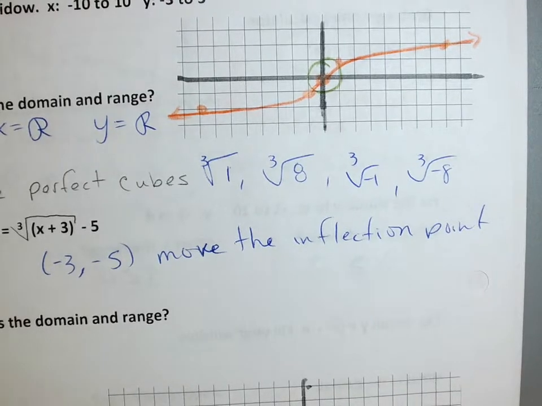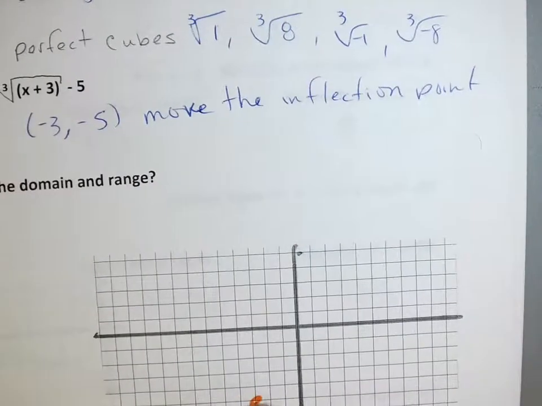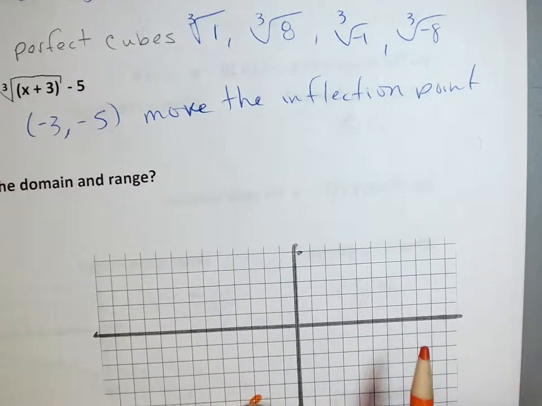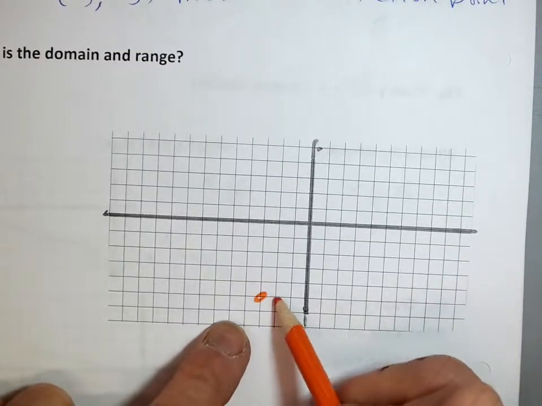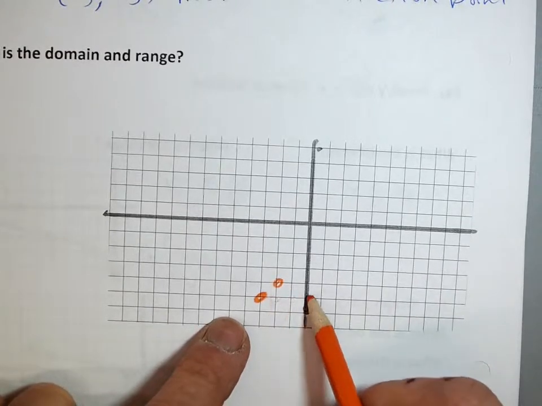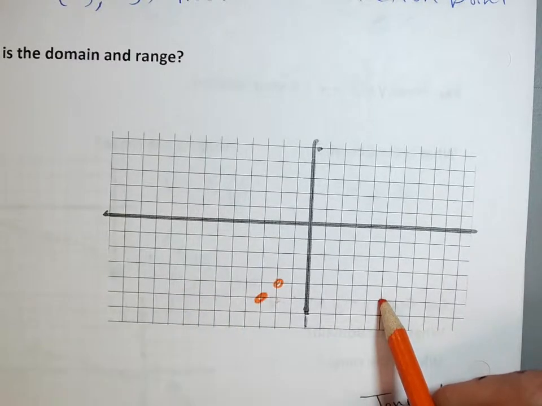Okay. All I need to do now is take this parent function and redo it down here. So from here, let's just pretend we're at the origin, okay? So you ready? If I go over 1, what's the cube root of 1? 1. Easy. Go over 1, 2, 3, 4, 5, 6, 7, 8. Cube root of 8 is 2, right?